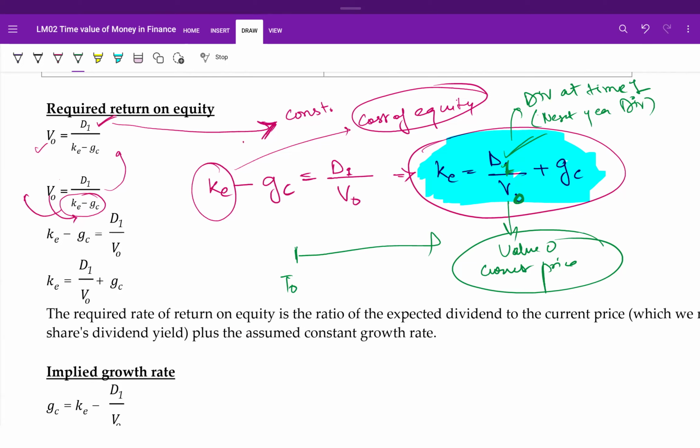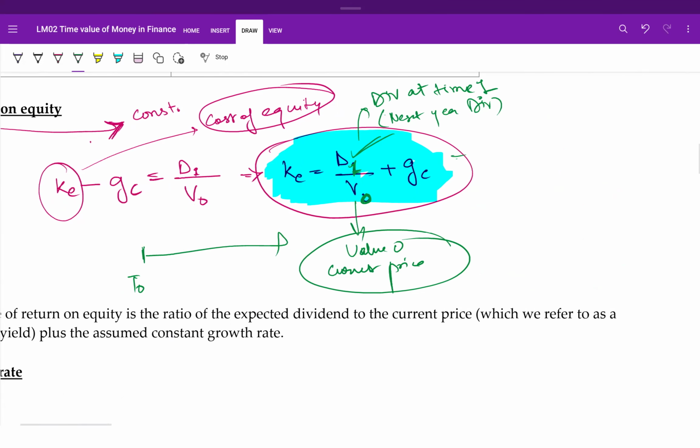Now I am going to reshuffle the formula: dividend at time zero, 1 plus growth, gives the value at time zero, with the company growing at a constant rate.